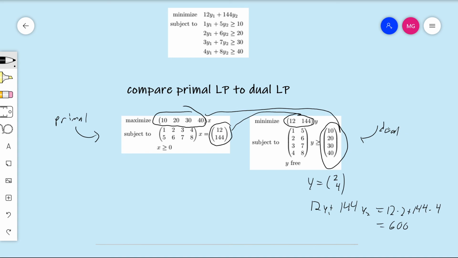The point is that there is no way you're going to find a feasible solution to the primal linear program such that the objective function exceeds 600. 600 is an upper bound. I'm not claiming it's the best one, because this is only a feasible solution. It's not necessarily the minimal solution, but at least it's an upper bound on the objective function of the primal.